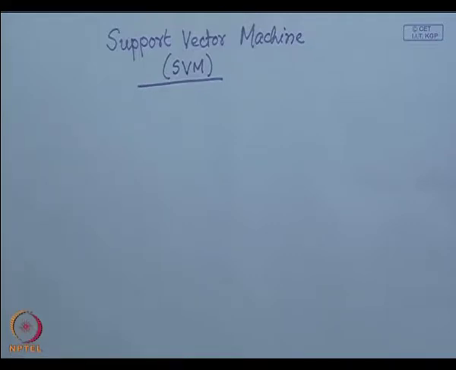So, when we start our discussion on support vector machine, let us recapitulate one of the previous classifiers, the linear classifier that we have discussed, that is the linear discriminant function.